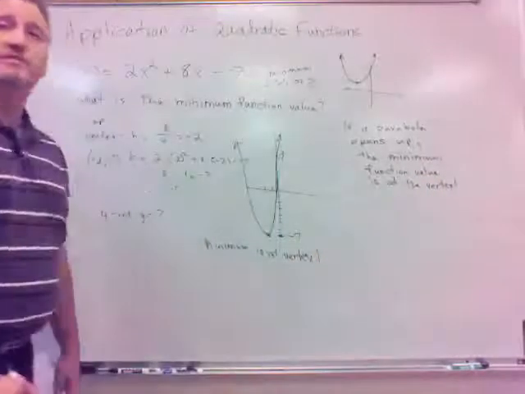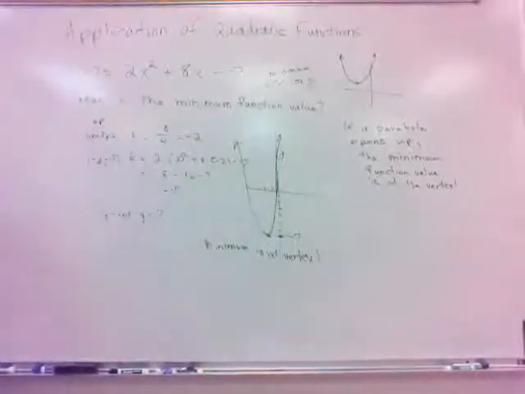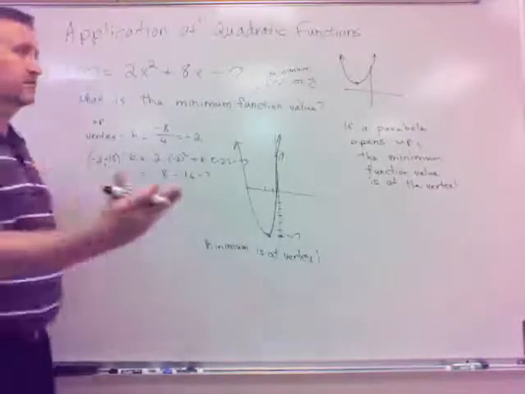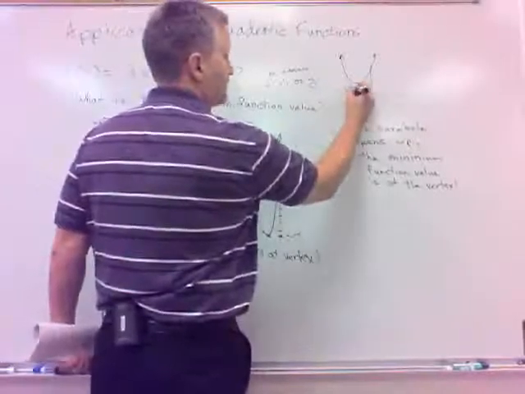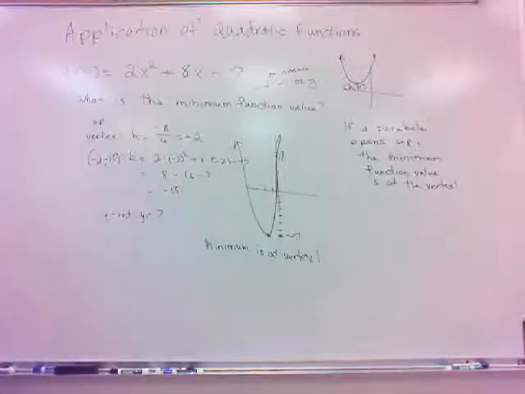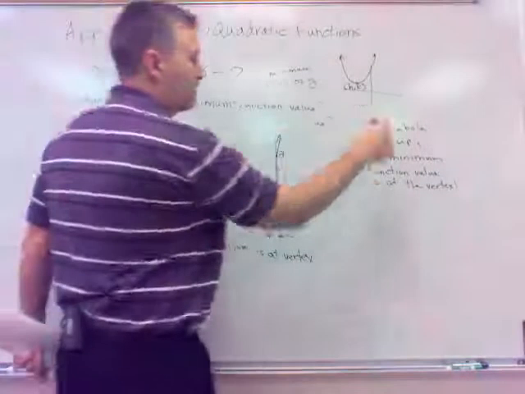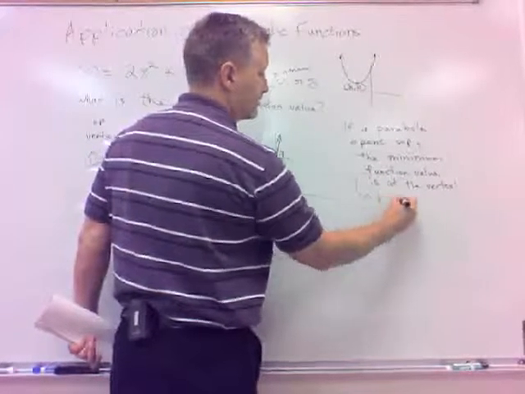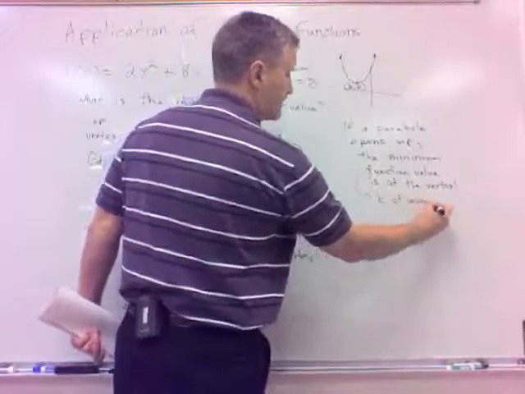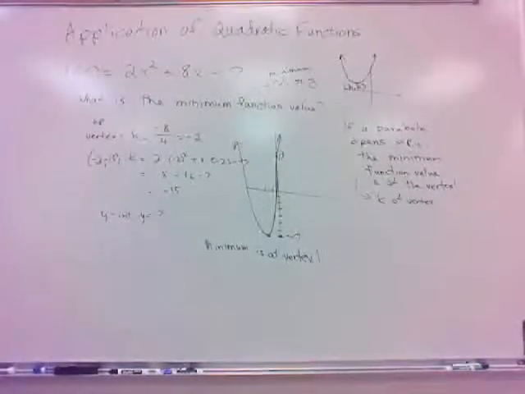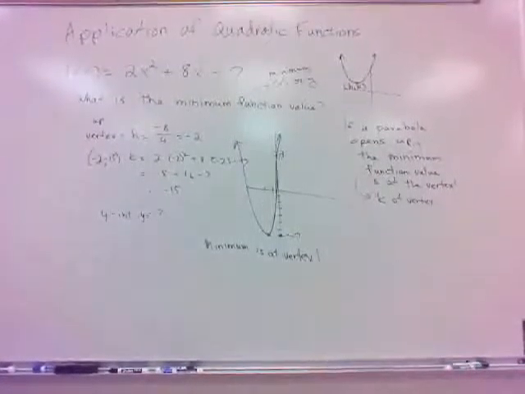And then even more specifically, our vertex is h comma k, so which value is that minimum function value? It's k, all right? Yeah, the minimum function value is the k at the vertex. So if it asks for the minimum value, it's the k of the vertex, the h comma k, so the k of the vertex is the minimum function value.